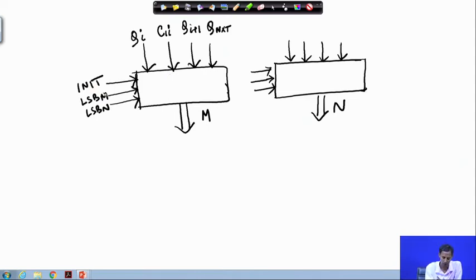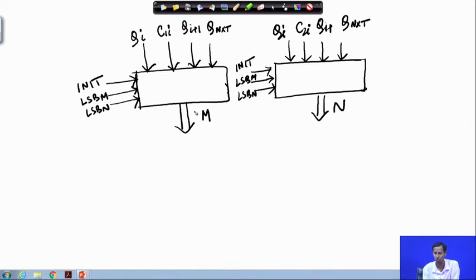Here again it will be Qi, this will be C2i, this will be Qi plus 1, and this will be Q next. This is what I need: LSB m and LSB n.